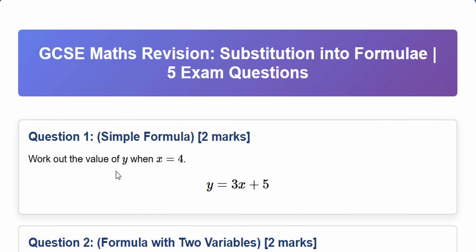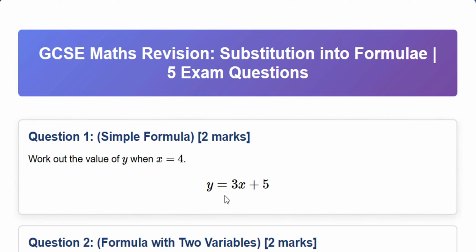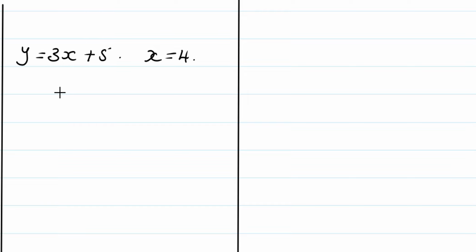So can we start with question 1 here, where we are asked to work out the value of y when x is 4. And then you are given y is equal to 3x plus 5. So in a question like this, where you're given x is equal to 4, you need to take the value which you are given, in this case 4, and you replace it in the equation in all instances where x appears.